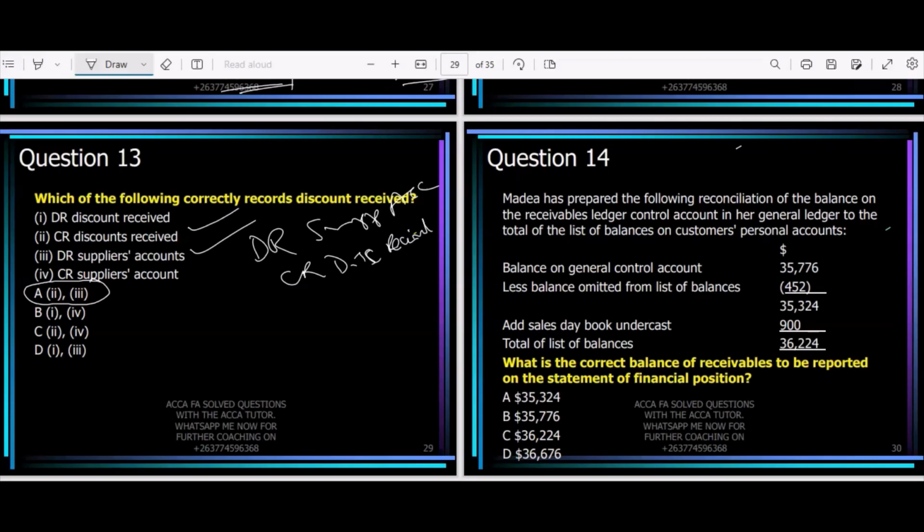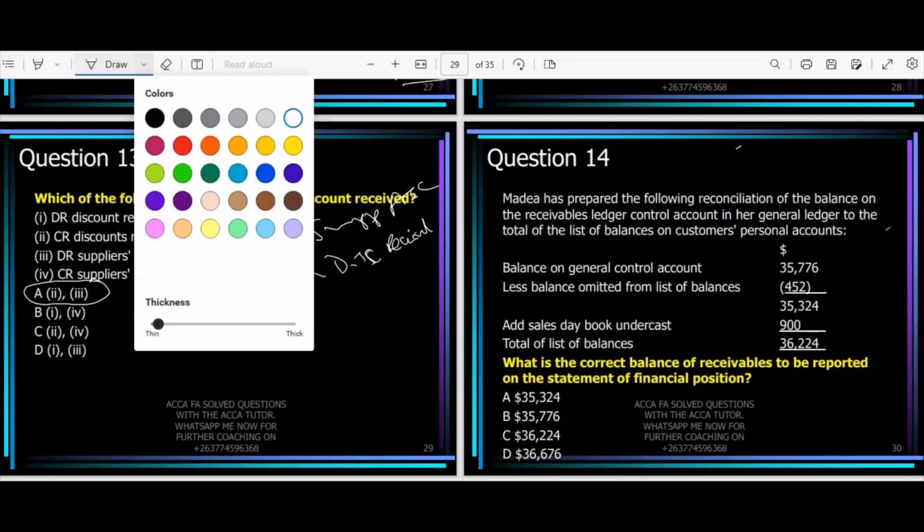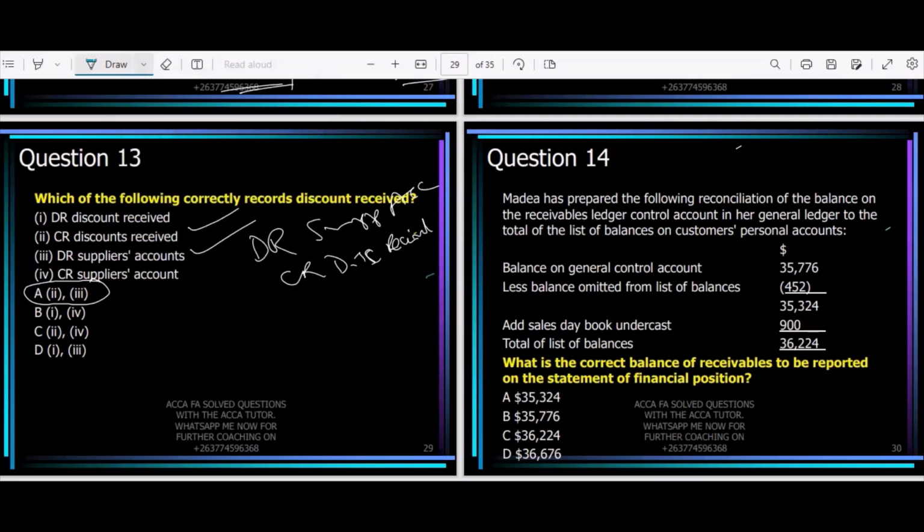Now, an interesting issue here is, why are we neglecting the other options? You can see from analysis that the other options are actually red herrings. For example, if we are looking at option B, it is saying that you need to debit discount received and then credit supplier's account.